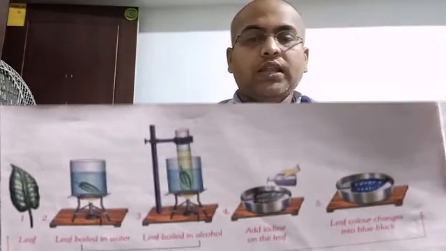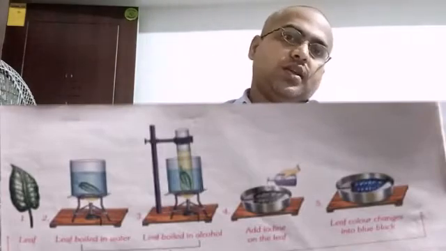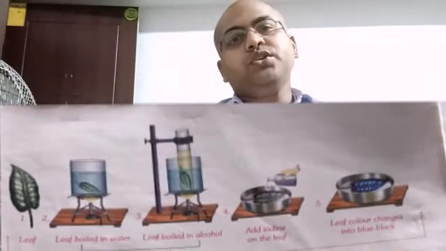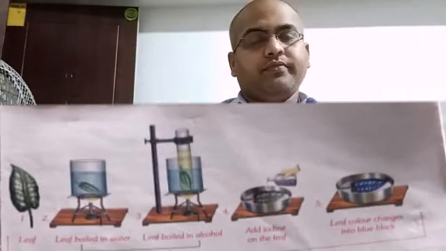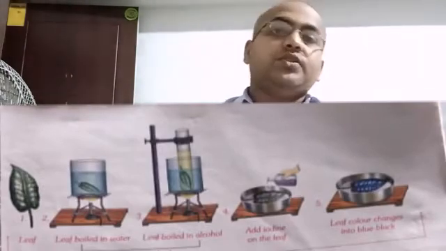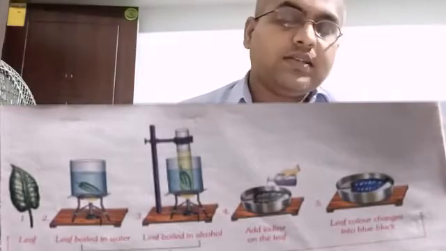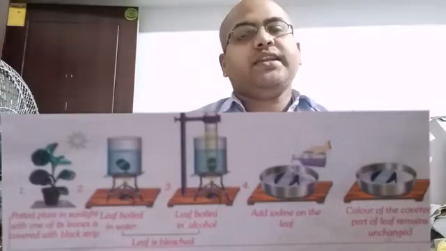After boiling, we wash the leaf under cold water to remove the alcohol, and then put some iodine solution on the leaf. The color will change again to blue black. So it shows that starch is prepared by photosynthesis, and for that sunlight is needed.